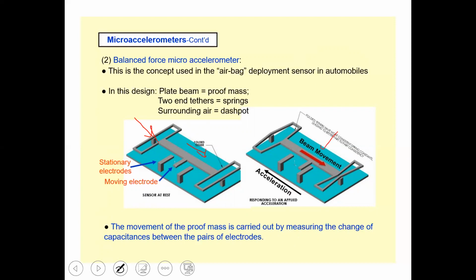When this beam moves, the gap between these two will change, so they will come closer to each other. Resultingly the gap will change, the capacitance will change, and that change in capacitance will be related to the acceleration that is coming in this direction on these accelerometers.